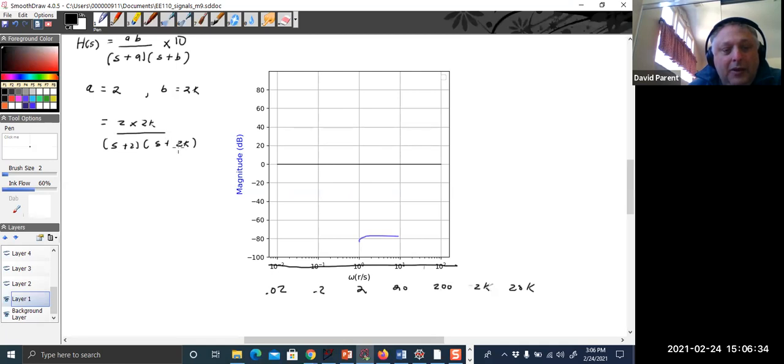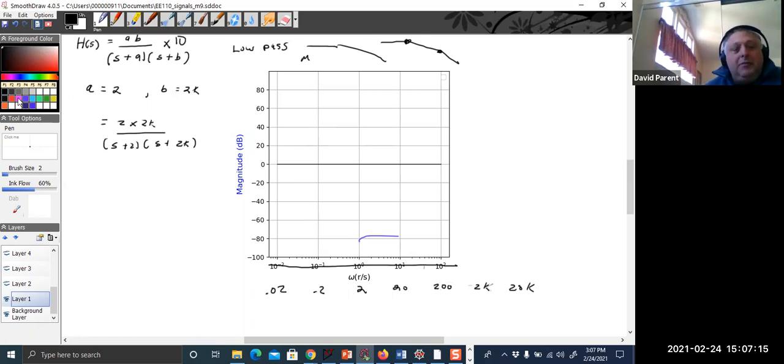I'll get 2 times 2K divided by 2 times 2K, which equals 1, or 0 dB. And then when I make s infinity, this whole thing goes to 0. So in my mind, I was thinking some kind of low pass, right? So I should see something like this in the magnitude. But I know that there's 2 distinct roots, poles. And so I know I should see something like that.